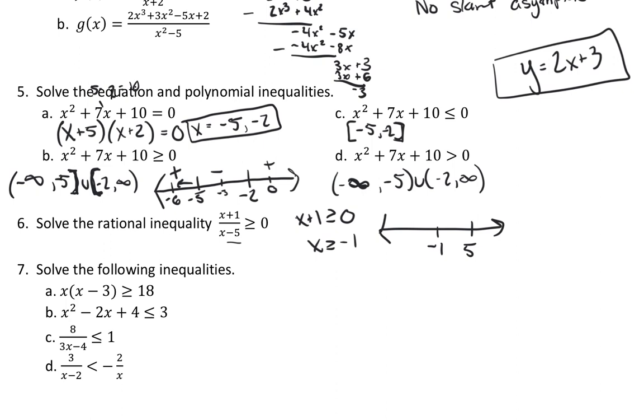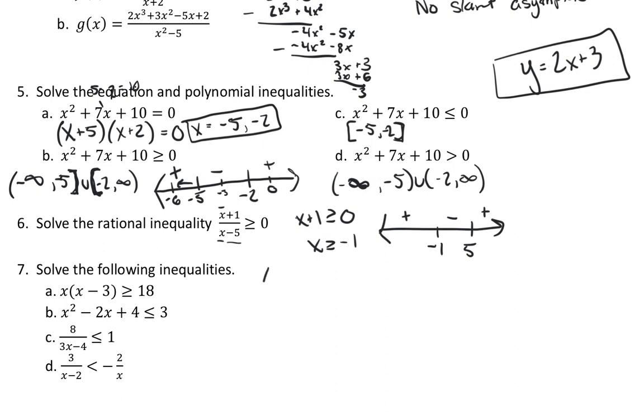So first we plug in -2, and that would be negative on top, negative on the bottom, which is a positive number. If we plugged in 0, we would get -1/5, which is a negative number. So this is going to be a negative region. And everywhere above 5, we're going to get a positive and a positive number, so that's going to be positive.